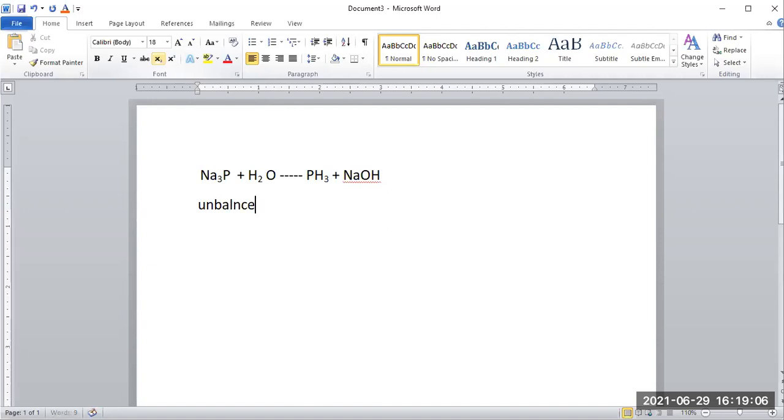All right, so this is an unbalanced reaction. So first step is balance the reaction. Have a look at the fact that your sodiums do not match, because my Na3P molecule already has 3 sodiums in it.